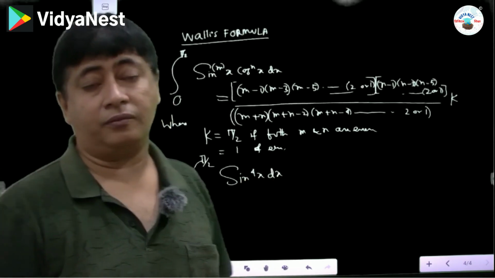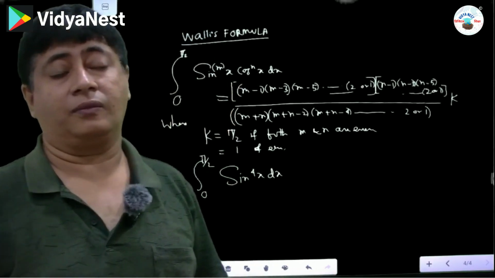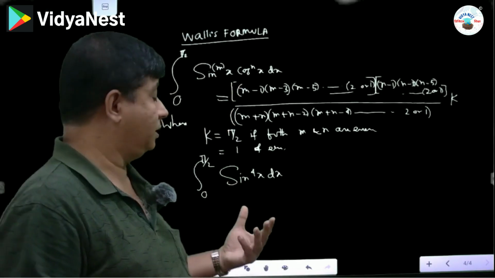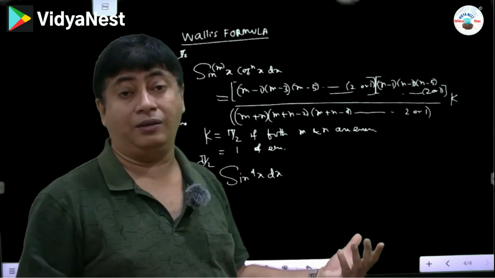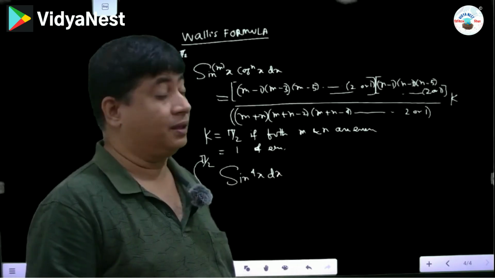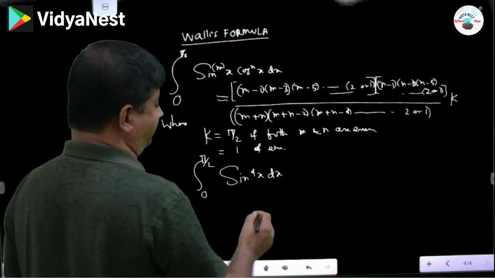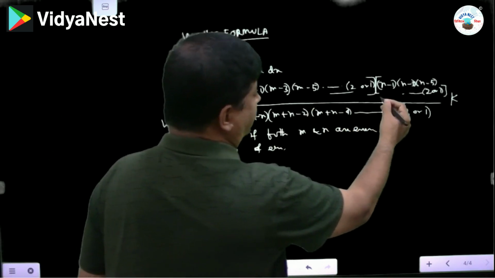Suppose you are in an exam room, you have only 2 minutes and you have to complete this sum. So follow this method. There is no cos term, so no point of writing this part.